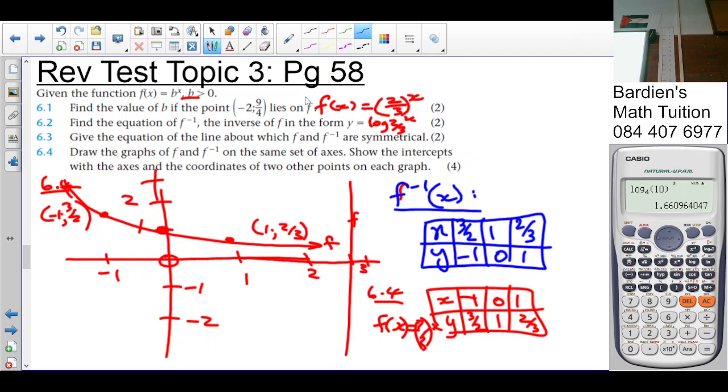So x is 1.5, which is approximately there, and -1. So it's 3/2 and -1. Then 1 and 0, and 2/3 and 1.